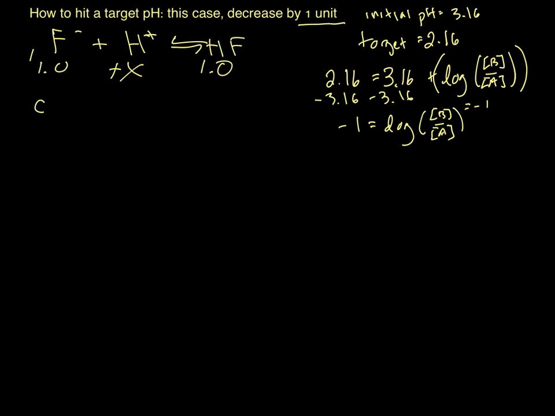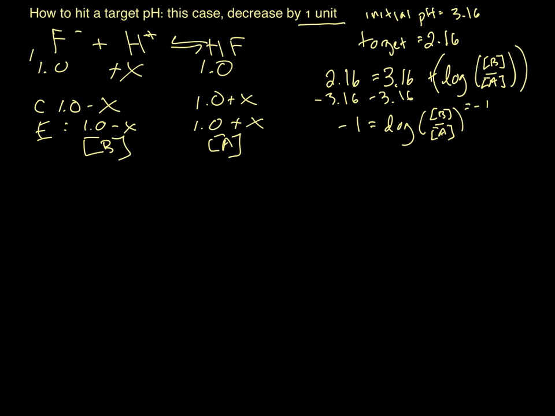So we're going to have a change. Remember, we are going to lose some of the F minus to that unknown amount of H plus, and we are going to gain an unknown amount of HF from that H plus. So our equilibrium concentrations are going to be 1.0 minus X and 1.0 plus X. Now, this is the concentration of our acid.